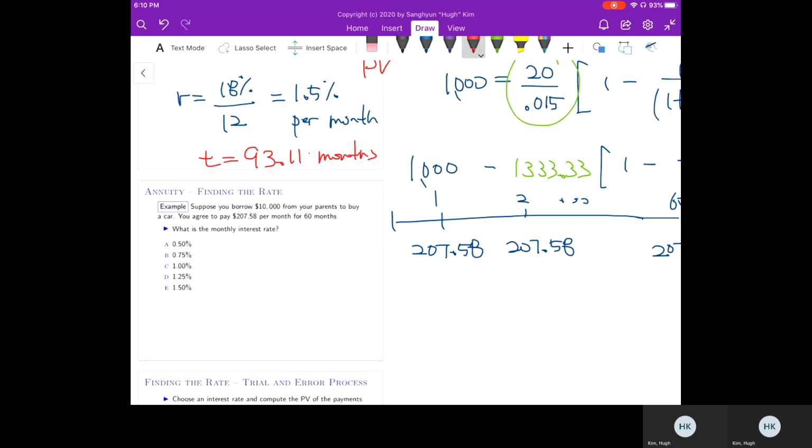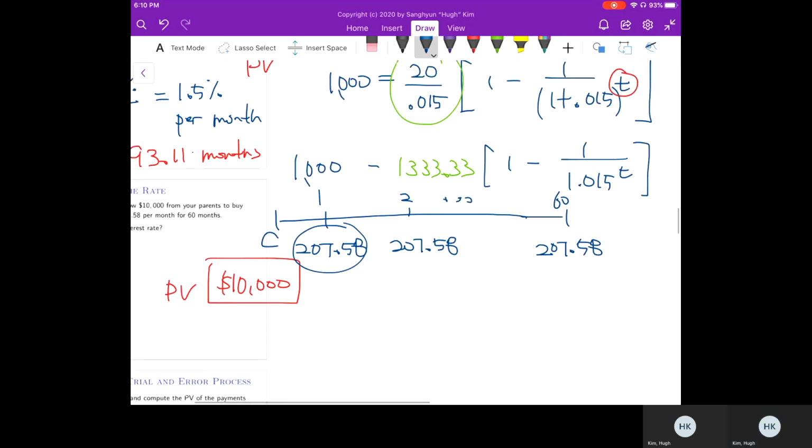And you borrowed $10,000. So that's your present value. Your monthly payment is C, and 60 months is the T. So you want to know the interest rate.